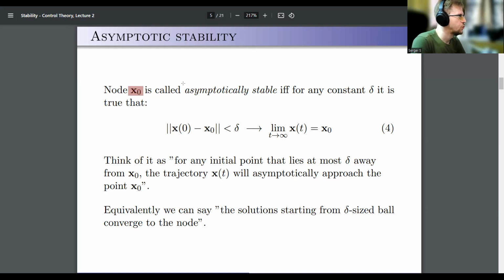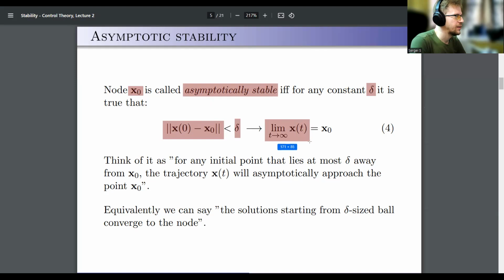So this node will be called asymptotically stable if there exists such a constant delta that the initial condition being delta away from x node implies that the limit of x of t approaches x node.